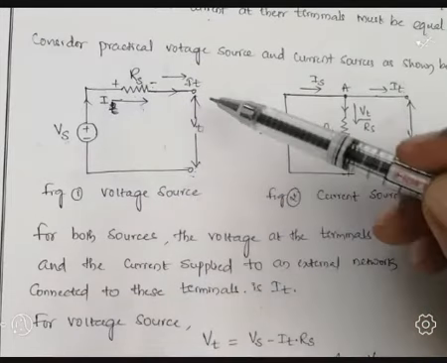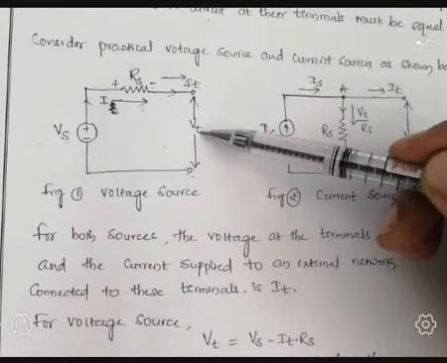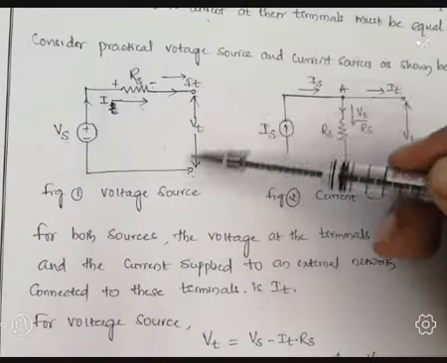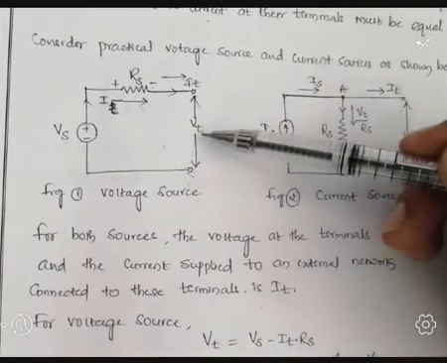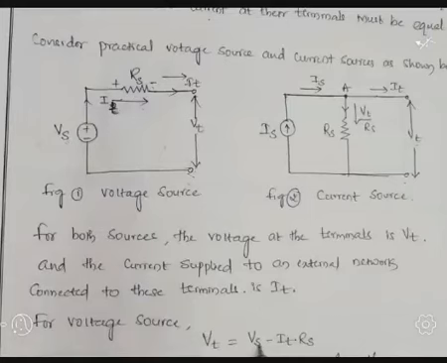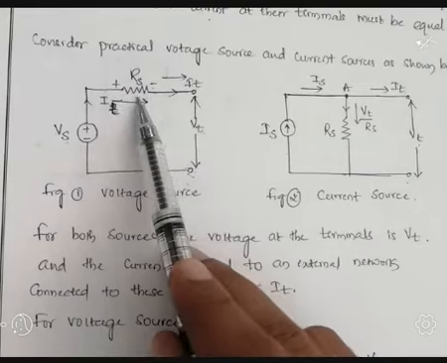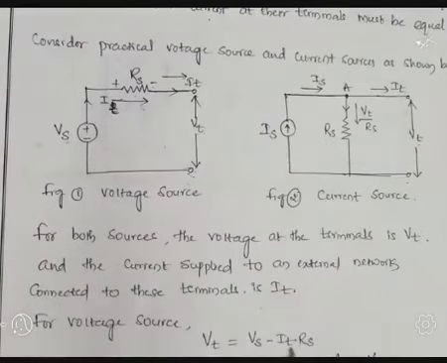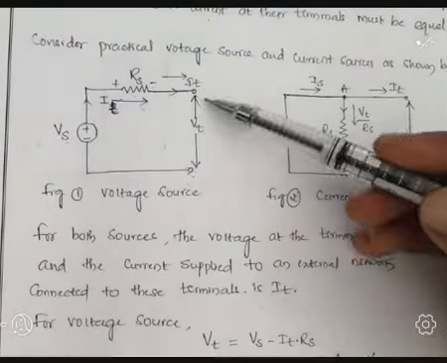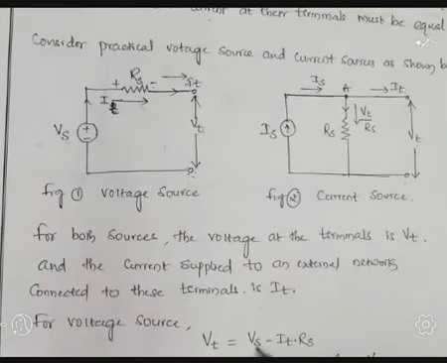The terminal voltage across these two terminals is represented as Vt. Vt equal to Vs minus the current flowing through the resistor, that is It into Rs. So the terminal voltage is calculated as supply voltage minus drop: Vt equal to Vs minus It into Rs.